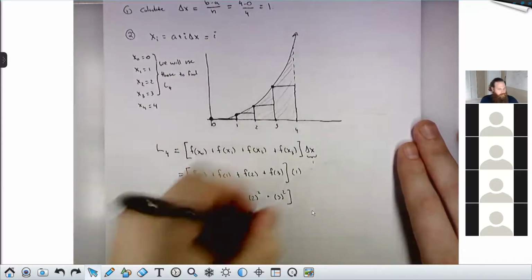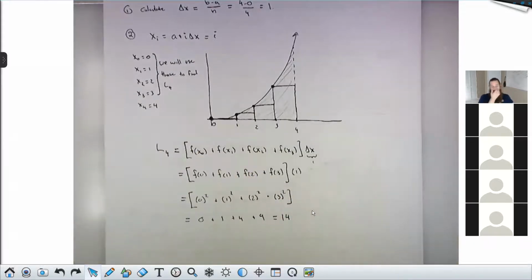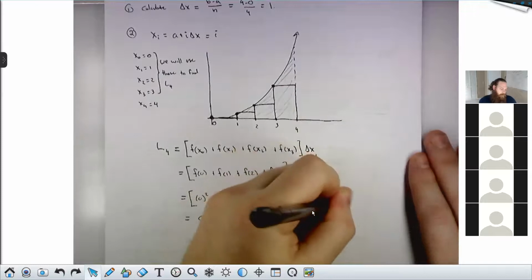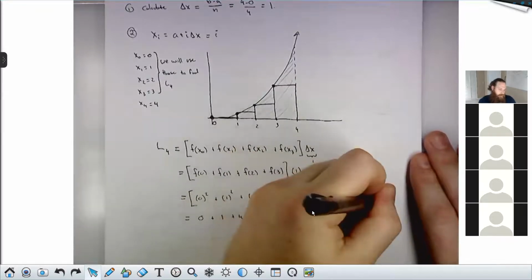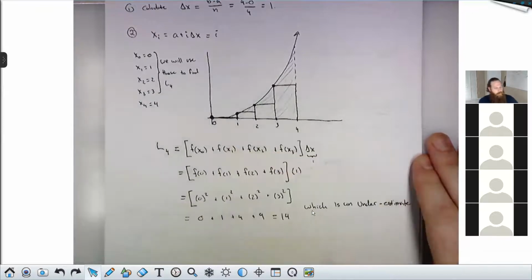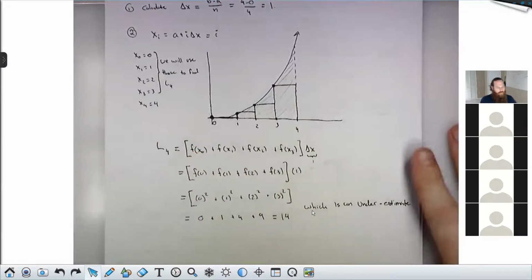That's 5 plus 9 is 14. And this is clearly an underestimate. The only way I can tell it's an underestimate is from the picture, right? There's more shaded area than there is area in those rectangles.